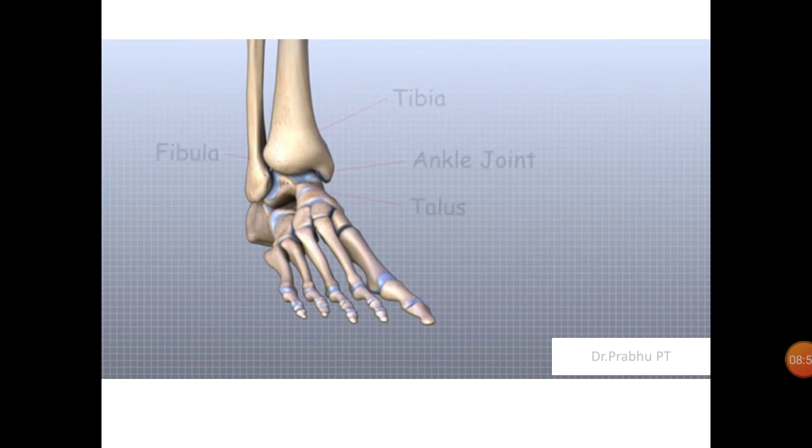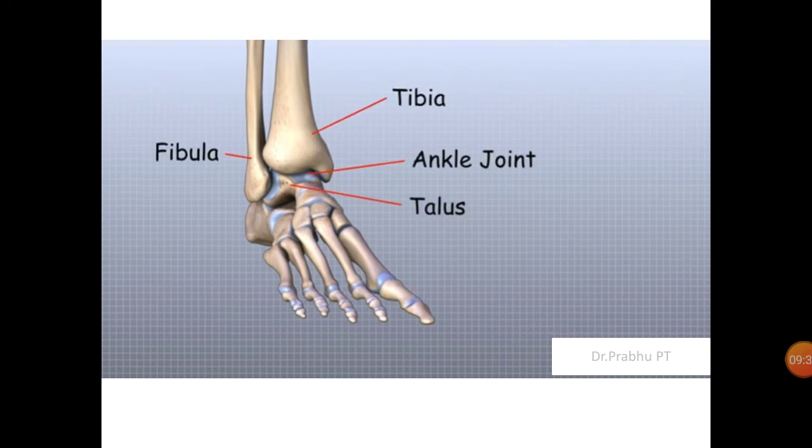And also in the previous lecture we have seen the ligaments on the lateral side, connecting from the talus to the fibula, and on the medial side the deltoid ligament to stabilize. And also we have seen the anterior syndesmosis ligaments. So that's the ligaments, muscles, nerves, blood vessels, and the ankle joint.